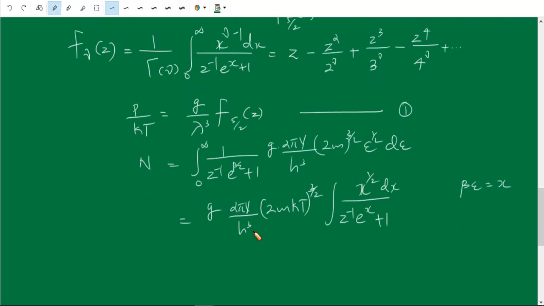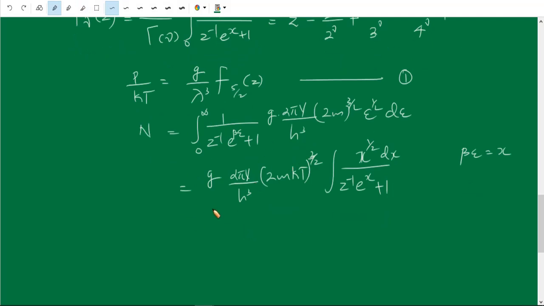Now this can be written again as g times (2 pi m kT) whole raised to 3/2.